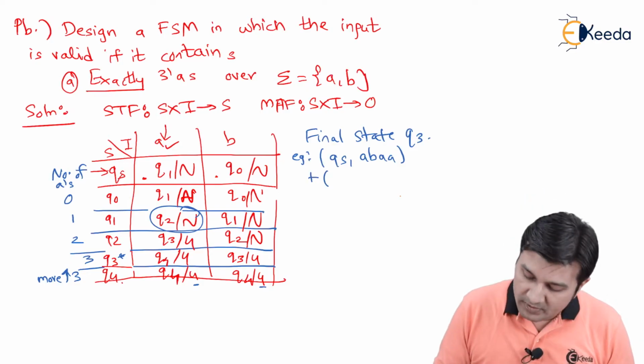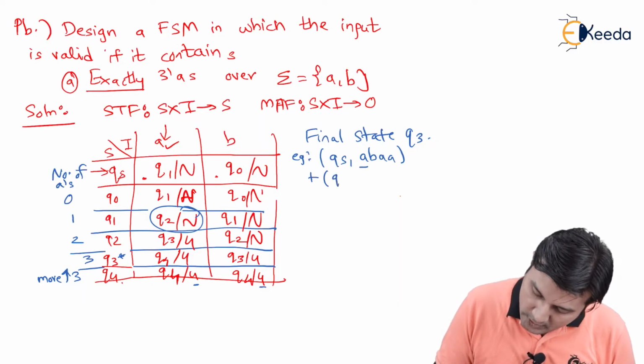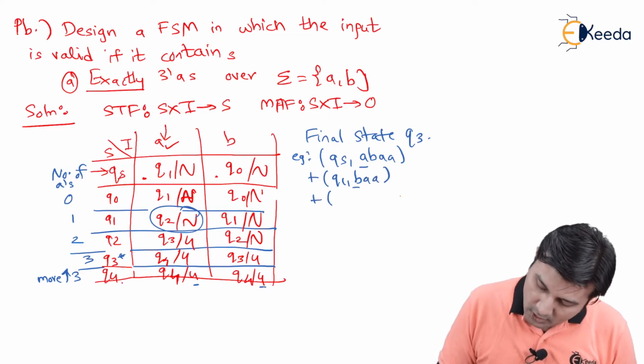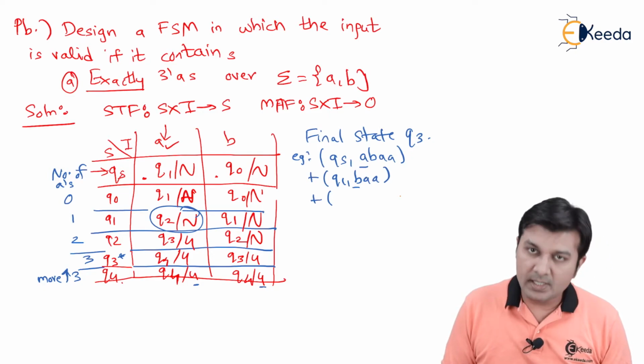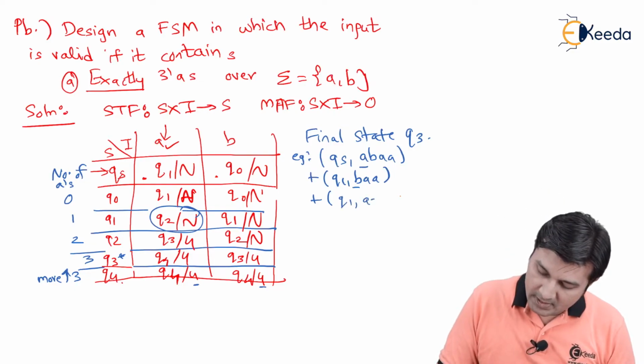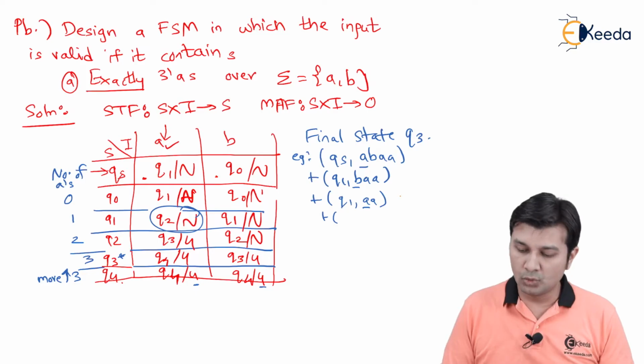So now if you observe this problem, QS on receiving input symbol A is going to Q1, input left is BAA. Q1 on receiving input symbol B is going to Q1 only. So I say it is remaining in the same state with the input as AA. Q1 on receiving input symbol A goes to Q2.